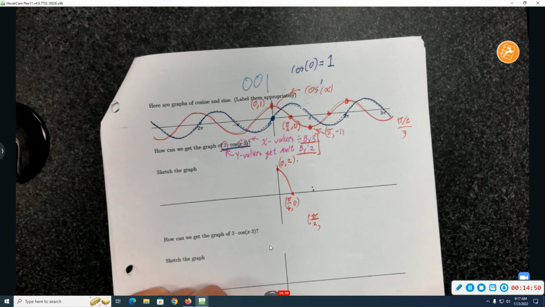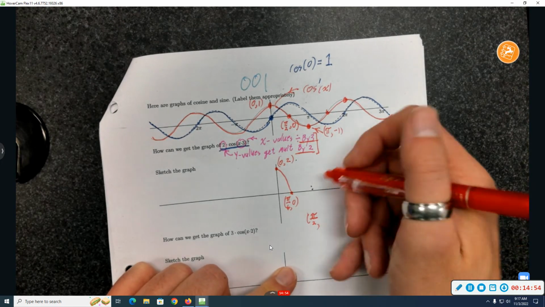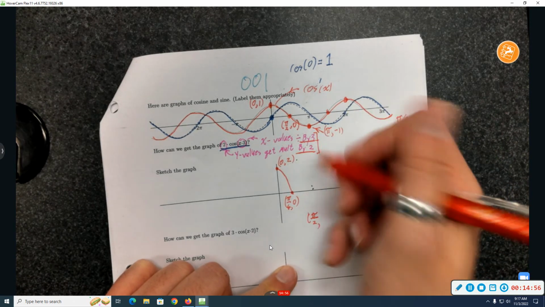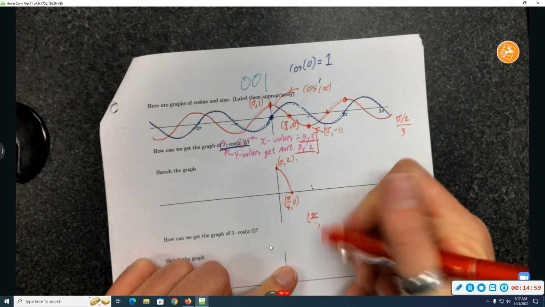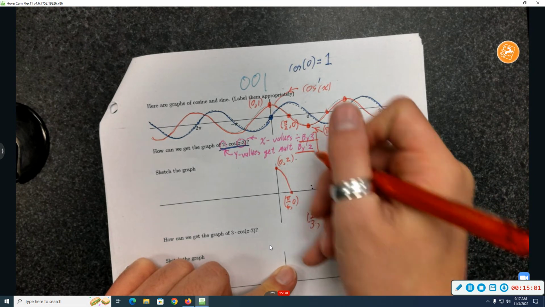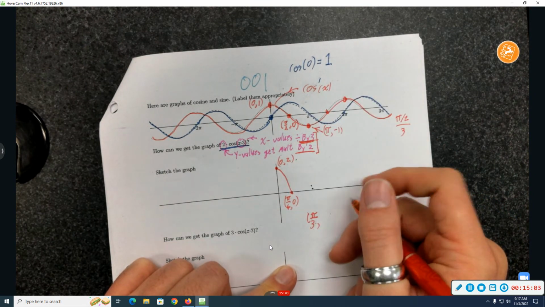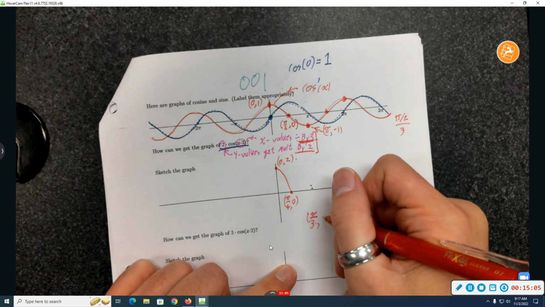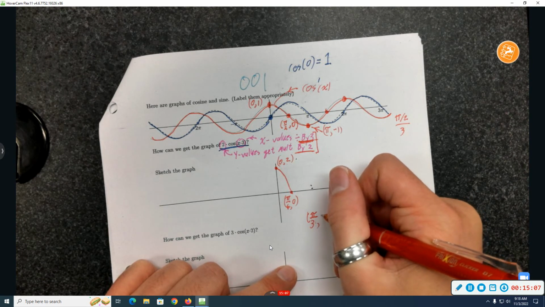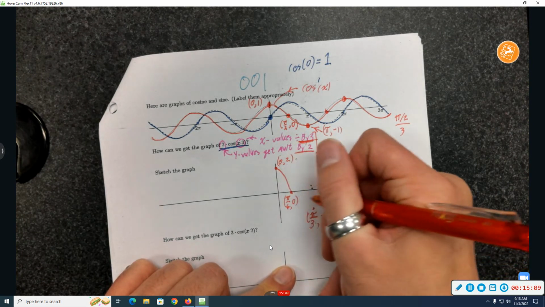Wait, why pi over 2? X values get divided by 3. The x value becomes pi over 3 because the x values get divided by 3. Y values get multiplied by 2, so what's the y value? Negative 2. Cool.